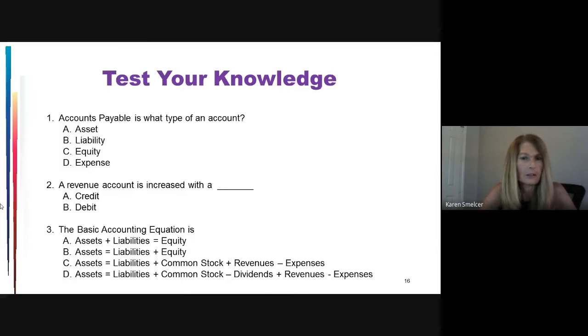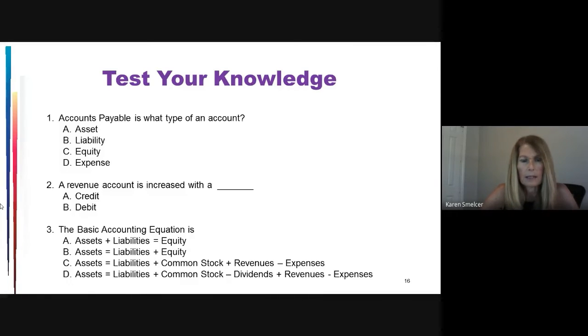But I'm going to give you a little quiz here. So if you would just jot down in front of you the answers to these. There's only about 5, but I'll read them, and then if you'll write down the answers, and we'll go through them at the end and on the next couple of screens. So number 1 is accounts payable is what type of account?